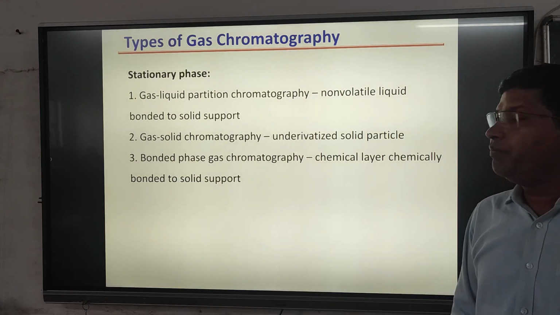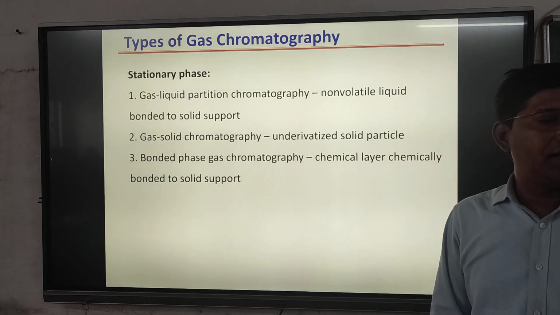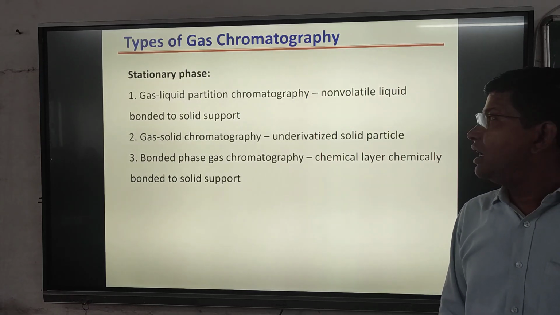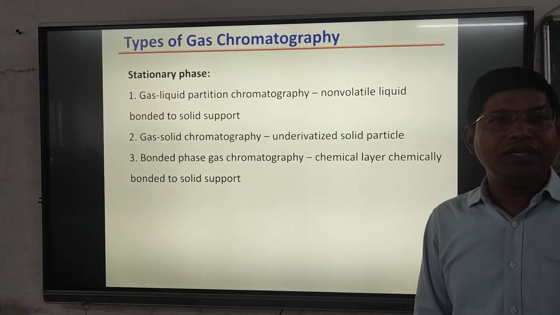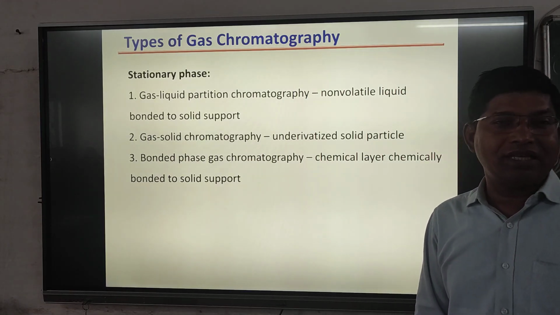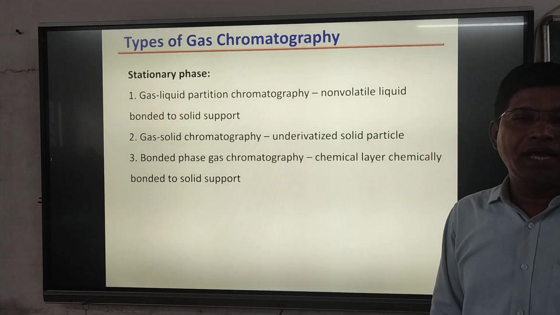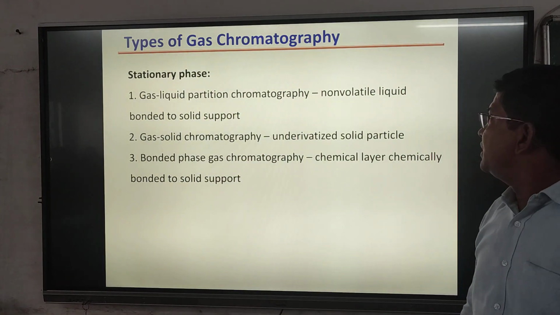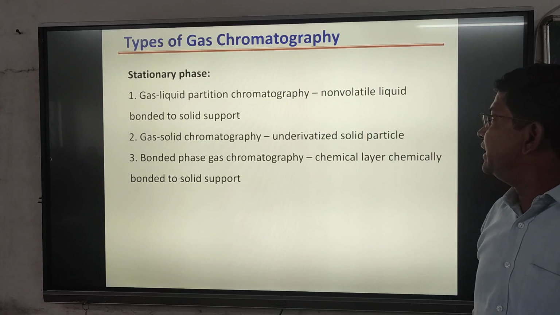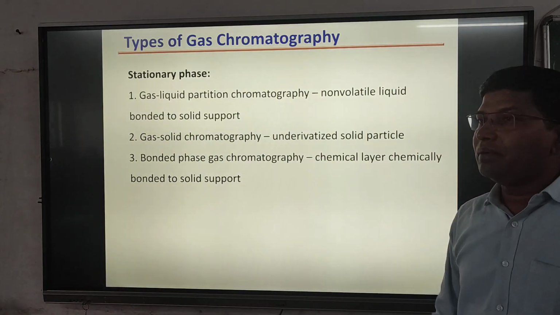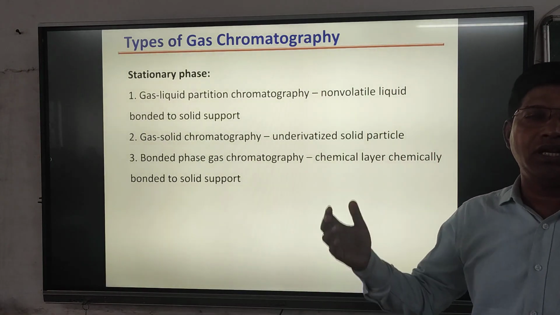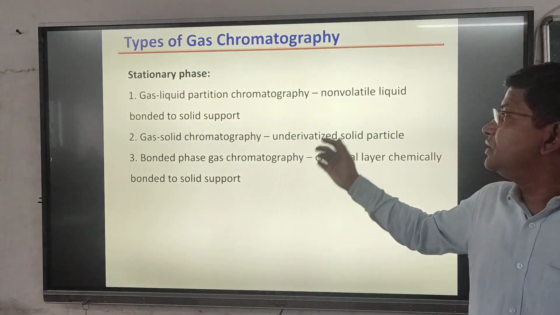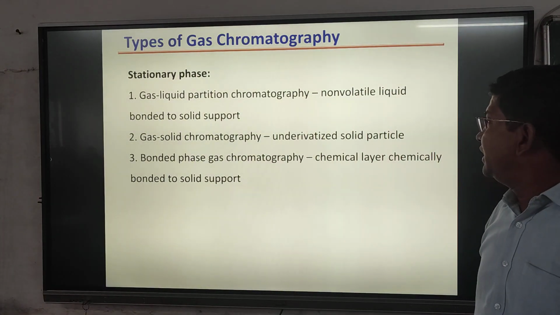Why is it called partition chromatography? The compound mixture partitions between the gas mobile phase and the liquid, and the separation depends upon the distribution of compounds between the gas and liquid.